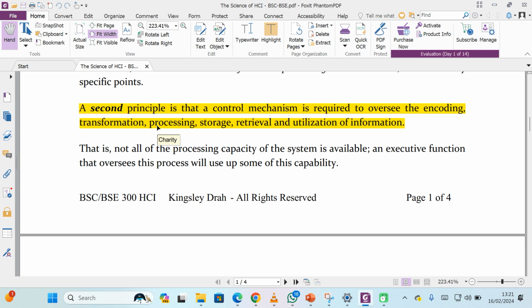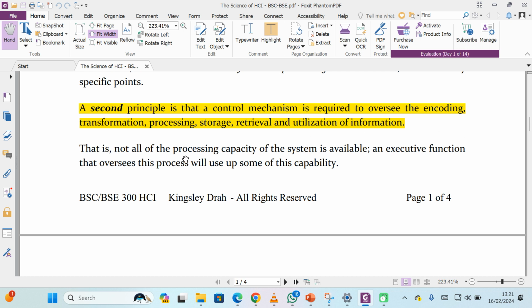You could remember that some people can remember things quickly, and some people will be able to remember things, but they are slow in remembrance. So the second principle is that there is a control mechanism required to oversee the encoding, transformation, processing, storage, retrieval, and utilization of information.